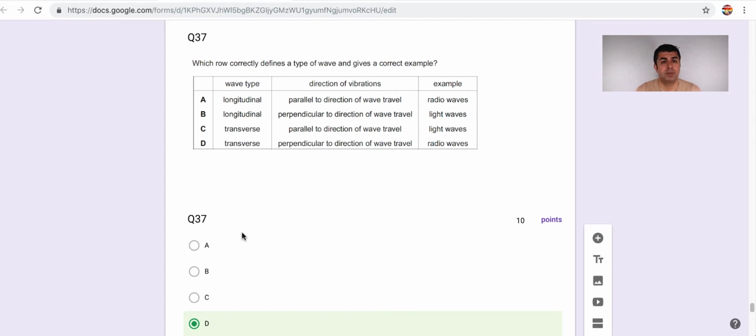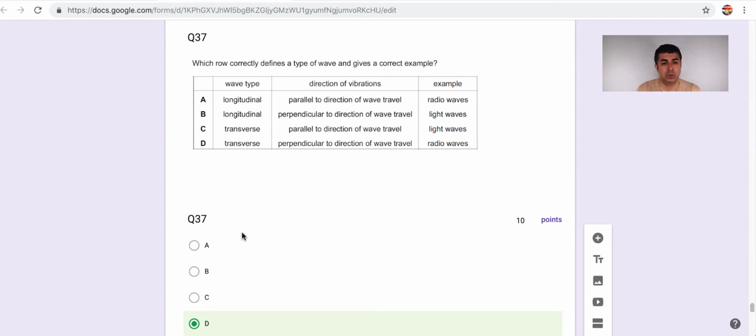So the first two columns are correct, but the last column is not. So it cannot be A. In B, longitudinal, the middle column perpendicular to the direction of travel, well, that's not correct for a longitudinal wave. And longitudinal waves are certainly not light waves either. So the second and the third column, with respect to the first column, is not correct.